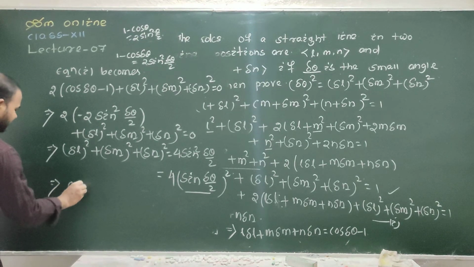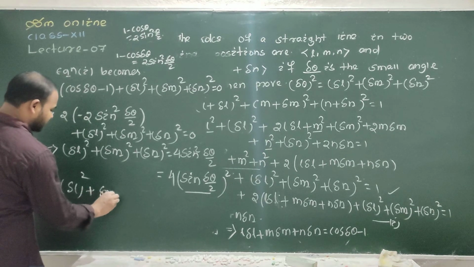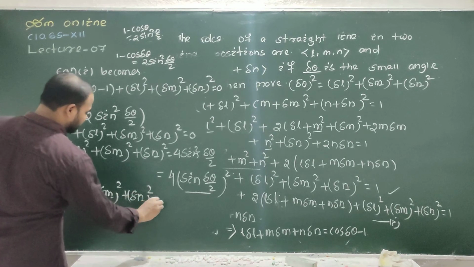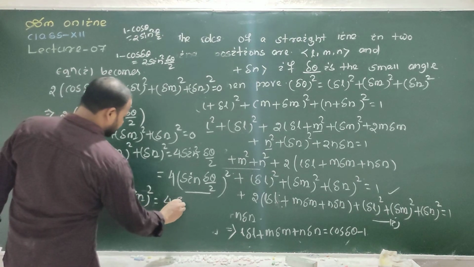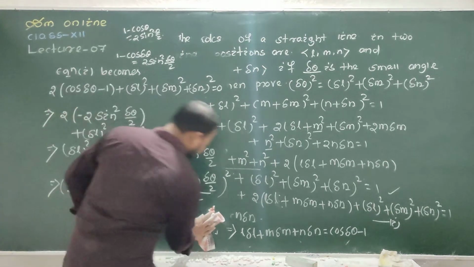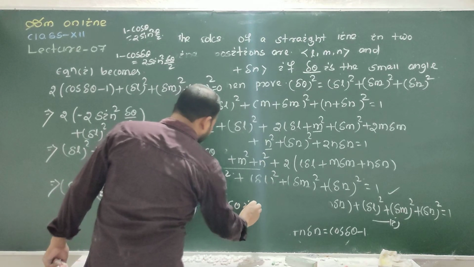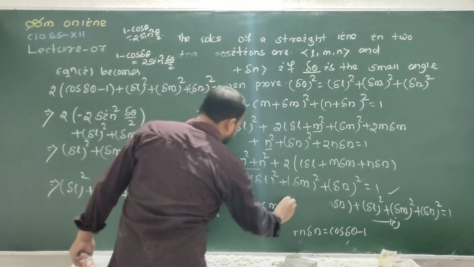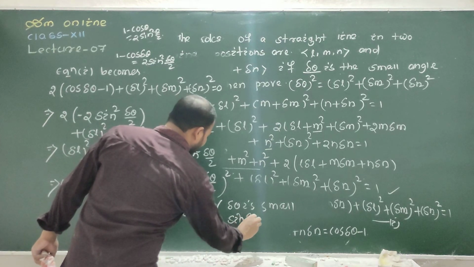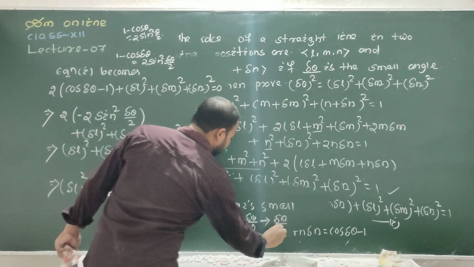Okay, so this is del L square plus del M square plus del N square equal to 4 into del theta by 2 whole square, because del theta is small, okay, and sin del theta by 2 tends to del theta by 2.